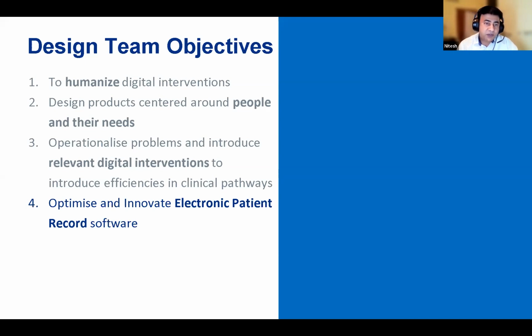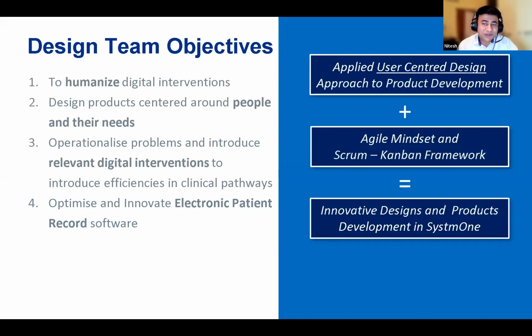We are able to achieve these objectives through a scientific approach. It's very simple, but very robust. It has worked really, really well for us. And the equation looks like this: an applied user-centered design process. So we mapped out the design team processes before we could do so for other projects and services.